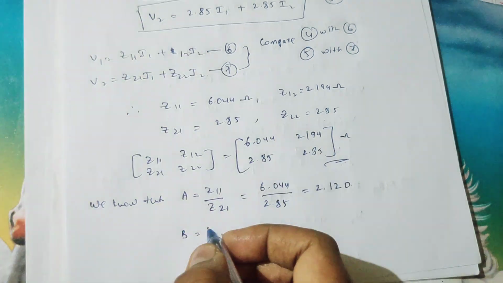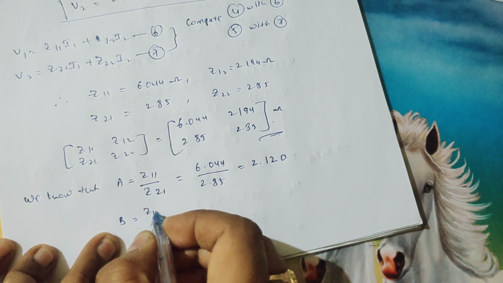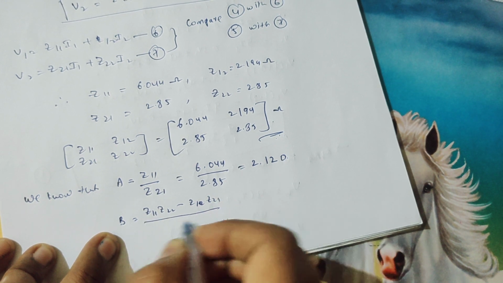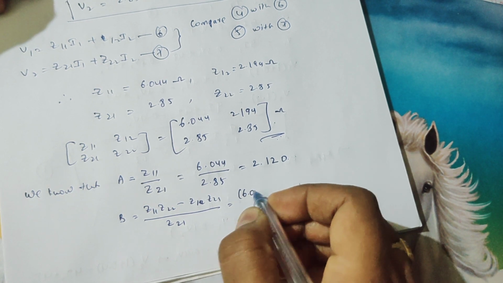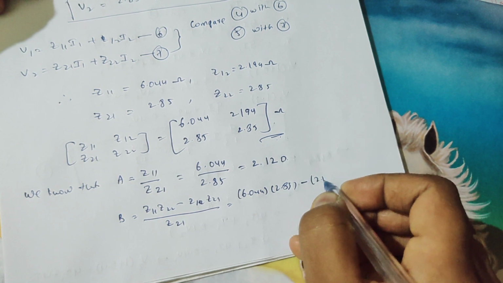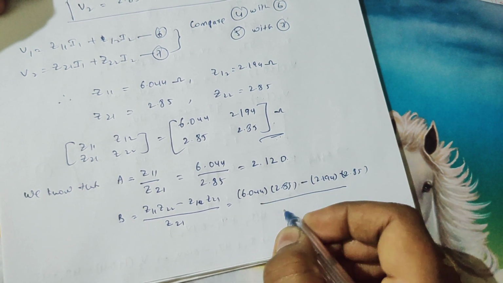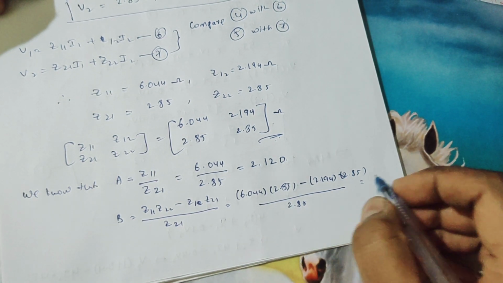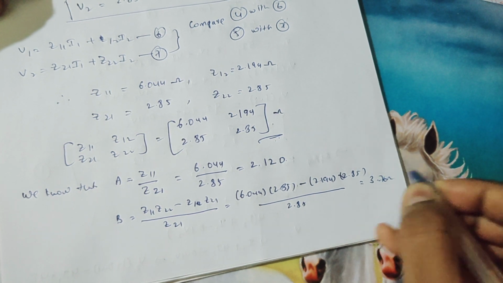Similarly, B is equal to delta Z by Z21. Delta Z is nothing but Z11 into Z22 minus Z12 into Z21, by Z21. So Z11 is 6.044, Z22 is 2.85, minus 2.194 into 2.85, by Z21 which is 2.85. So we'll get that value as 3.76 ohms.